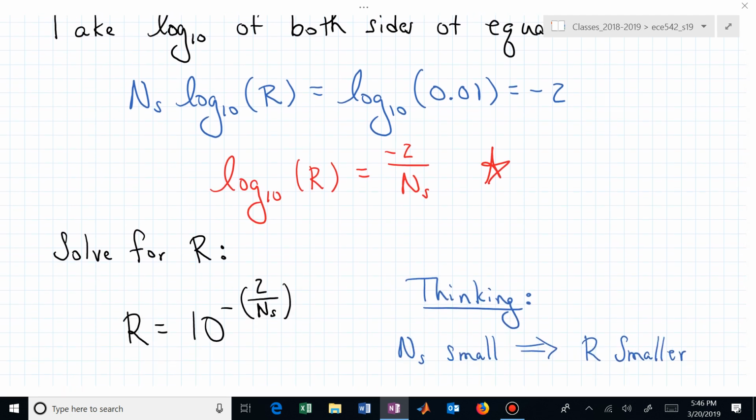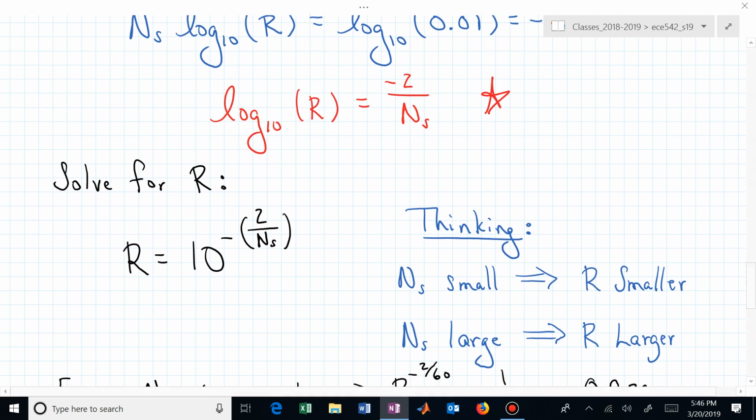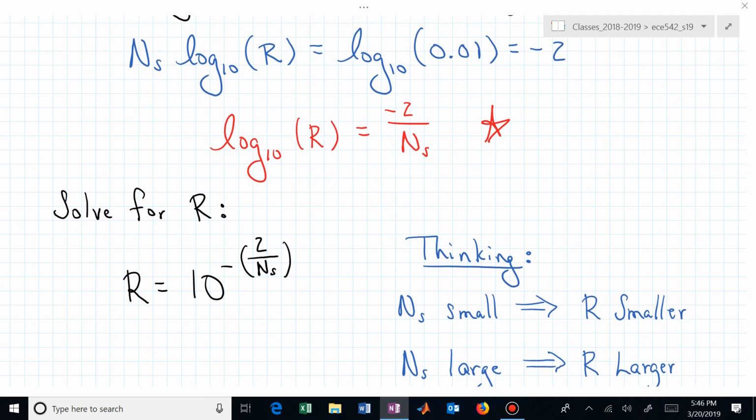So we can solve for r. And what are we meaning? The thinking behind this expression for r, when we solve for r in that star equation, really n sub s, if we want to get to our 1% settling time fast, that means we want to get there in very few samples. N sub s better be small.